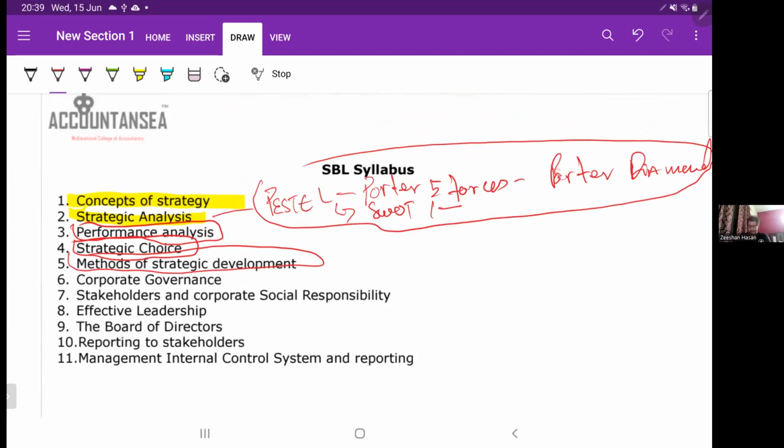That's all will be covered in this 11th area of monitoring, IT controls, and reporting. So far we discussed these 11 areas.